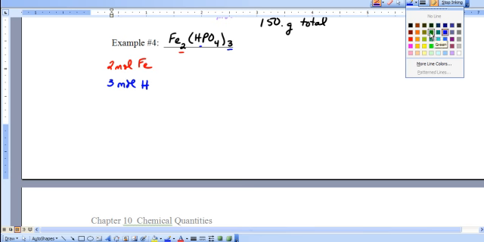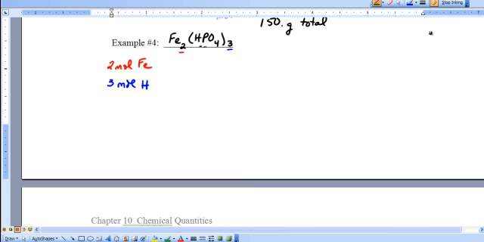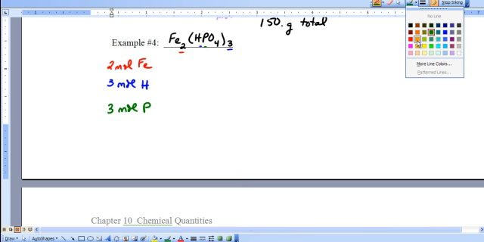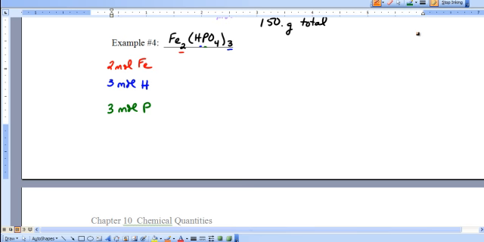1 times 3 gives us 3 moles of hydrogen. We have, it appears, 1 phosphorus, but the same thing, distribute the 3. We have 3 moles of phosphorus, P. And with the oxygen, we have 4 times the 3 that gets distributed. We have 12 moles of oxygen.